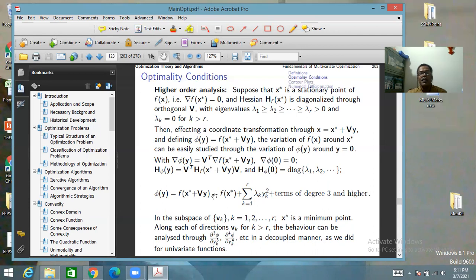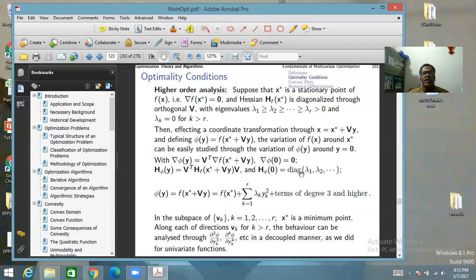Okay, so phi(y) will basically be phi(0), that is f(x star), plus the first order change, which is 0 because of this, plus the second order change, which is half y transpose this diagonal matrix times y.